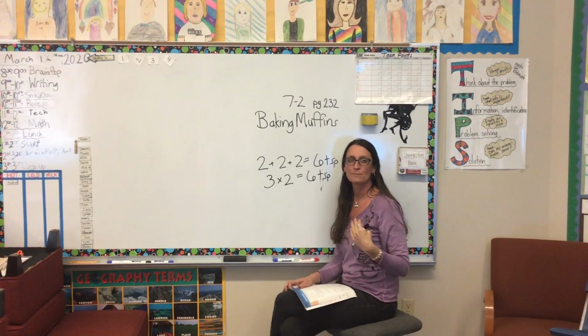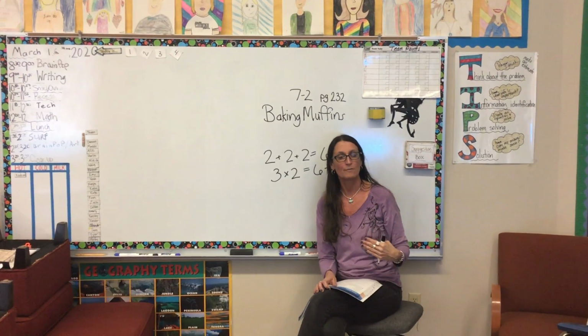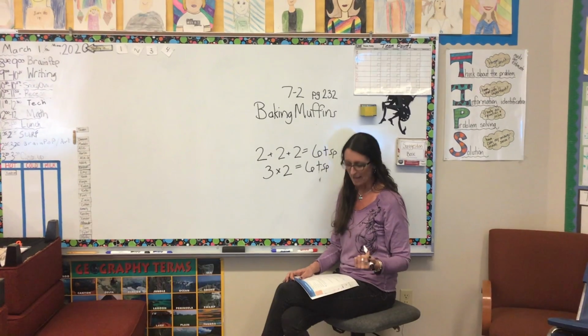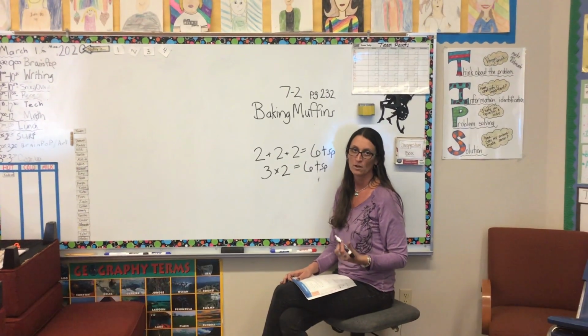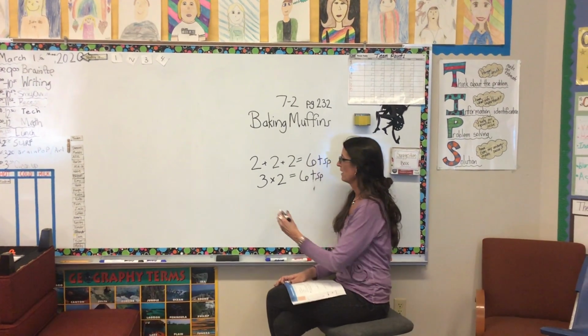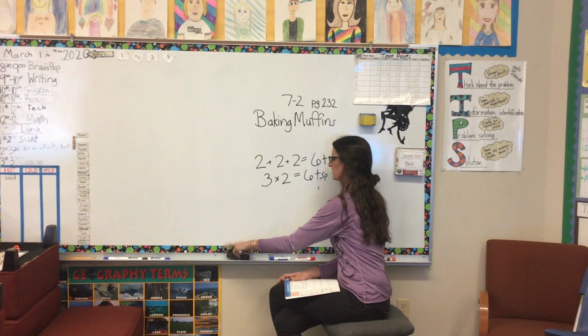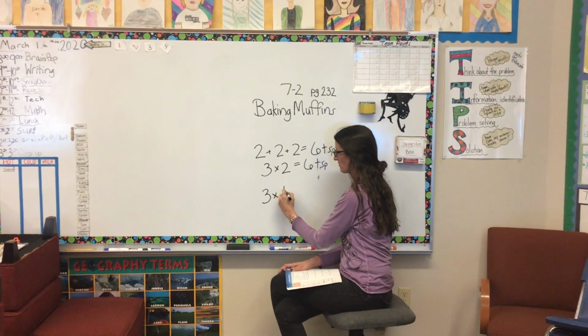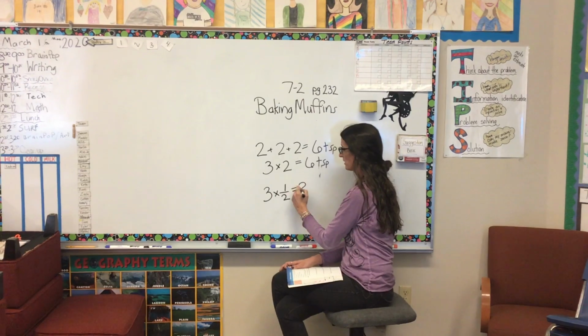But if we needed something to triple with a fraction, and if we look here, it says maybe a half of a cup of whole wheat flour. So if I were still trying to triple my recipe, I could say 3 times a half a cup equals what?